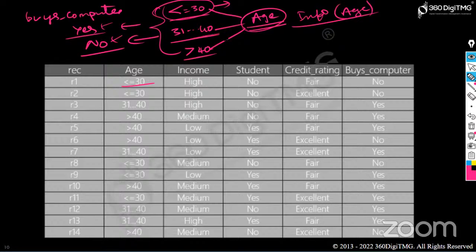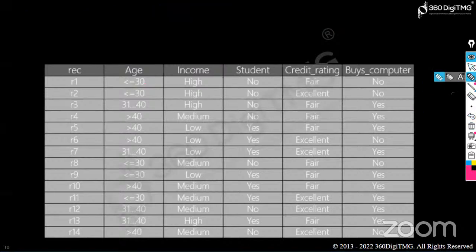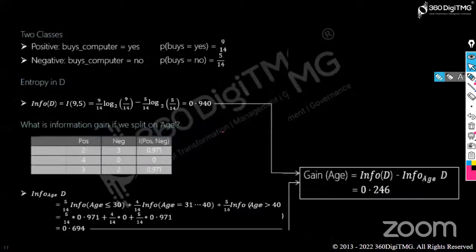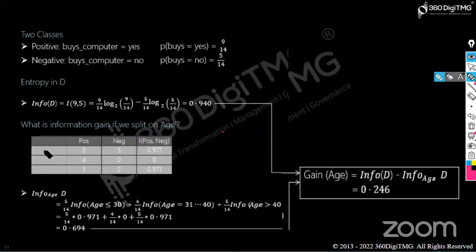When I say 31 to 40, if I calculate how many yes are there and how many no are there, then it will give you the probability of this. So we'll go back and update the tabular column with the particular number of counts for yes and no.